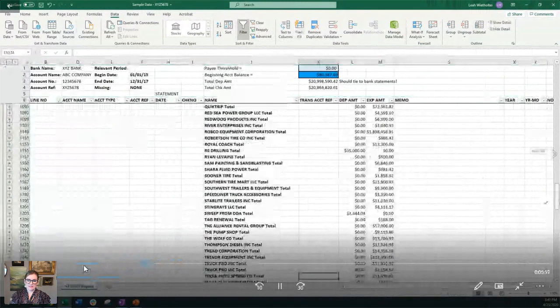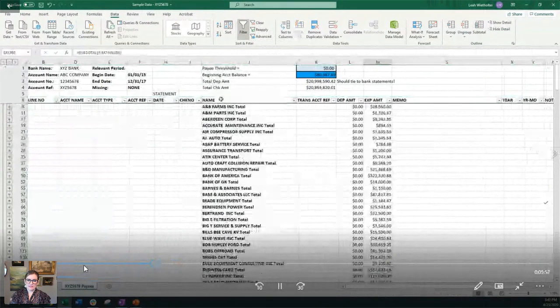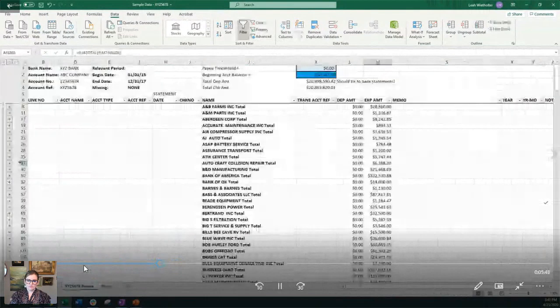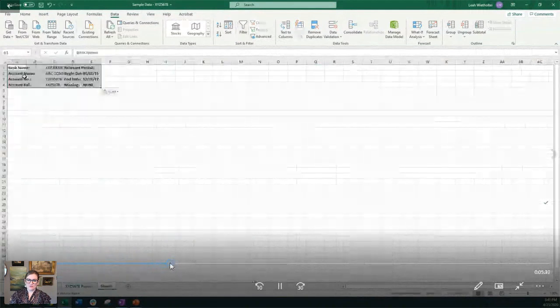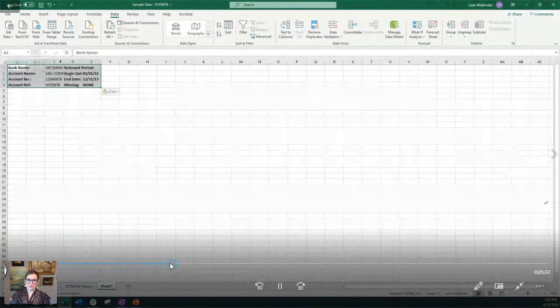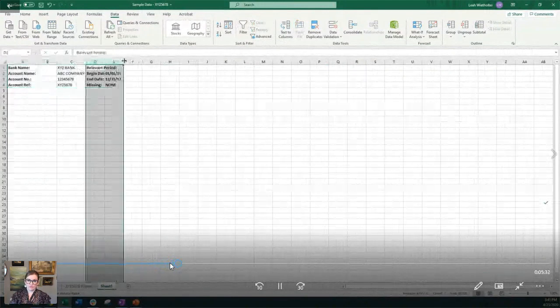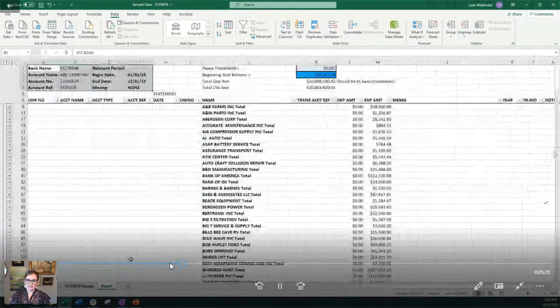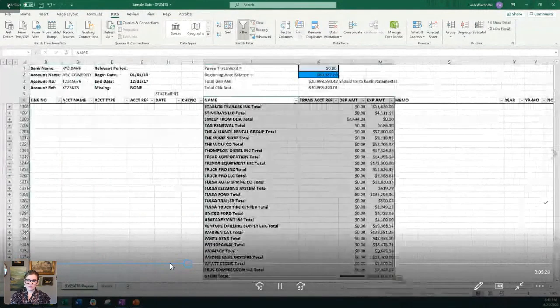Then I like to take this and copy and paste it over to another tab. The way to do that is you select everything. The purpose is that we're going to create another spreadsheet with all of the summarized information so that we can look for a few other things, and also so that we can provide the client with a summarized list so they can help us identify: we recognize these vendors, we don't recognize these vendors.